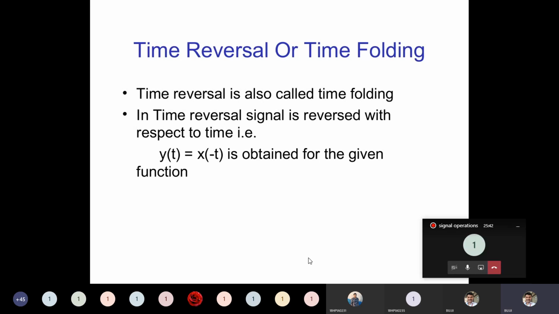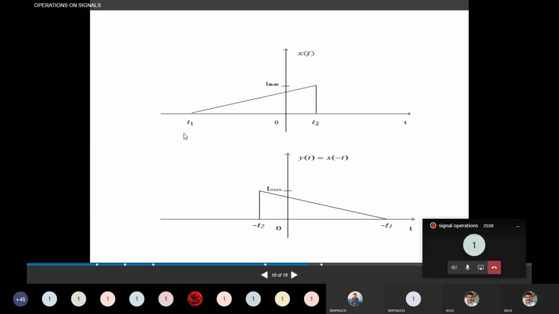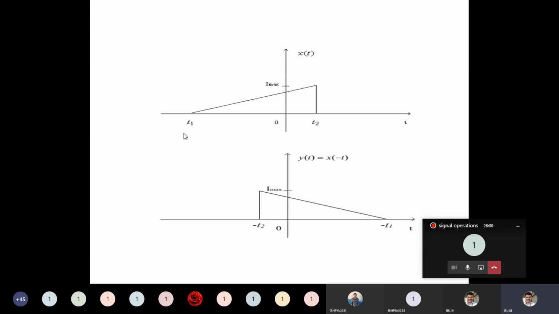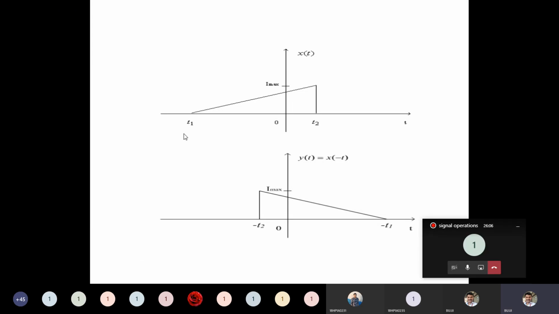If x of t is a signal, then y of t equal to x of minus t is the reversal or folding signal. See here, x of t is extending from t1 to t2. Then y of t equal to x of minus t, where the signal is flipped or folded.